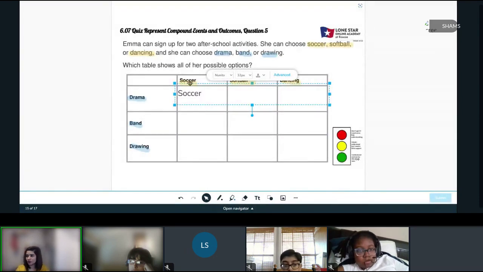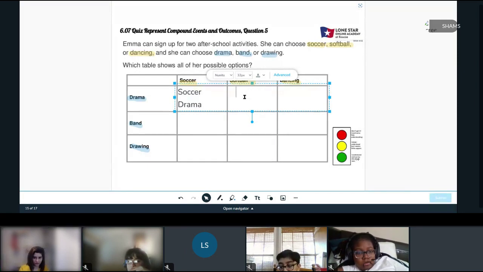And with soccer, on the left side, she can also choose drama. Second box, at the top, you cannot read, but it is softball. You can do softball and drama, right?